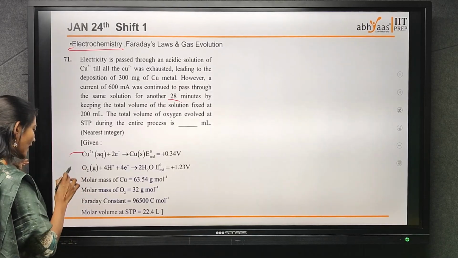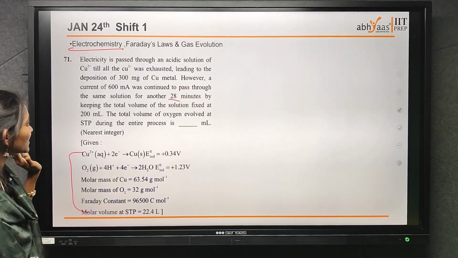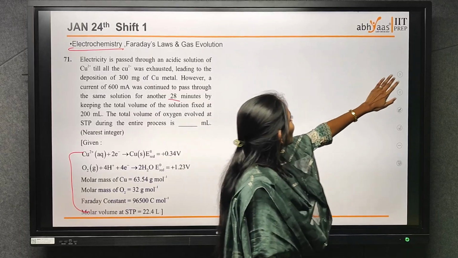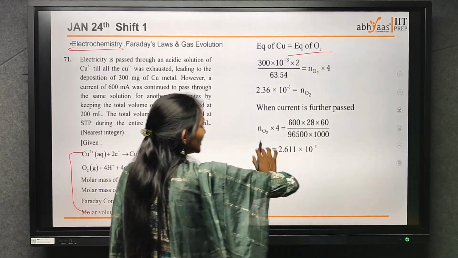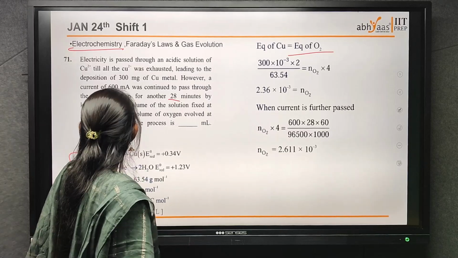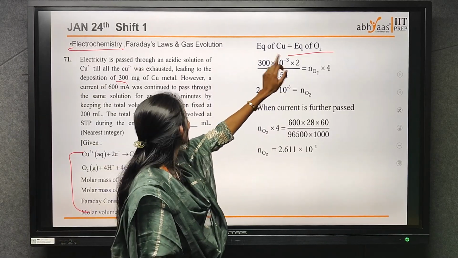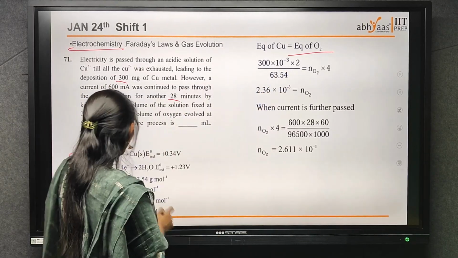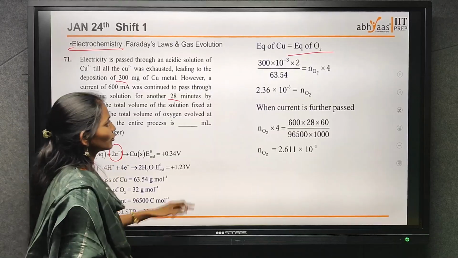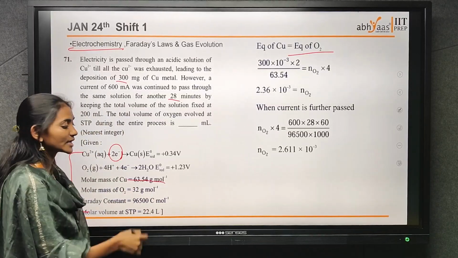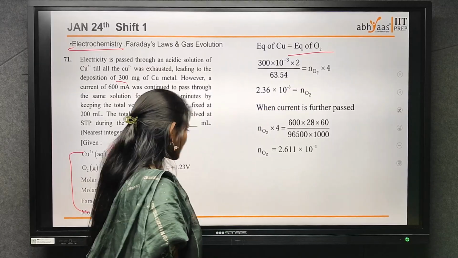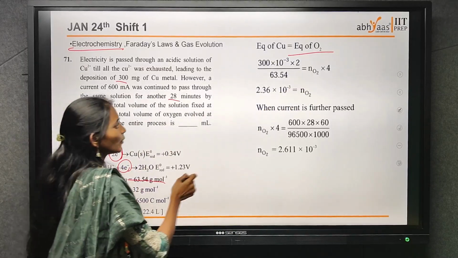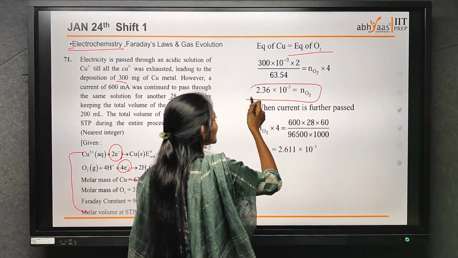Here they have given all this. We need to apply the formula. Copper equivalents equal oxygen equivalents, right? For copper they have given 300 into 10 to the power of minus 3. For copper, how many electrons are involved? 2, so 2 by molar mass 63.54. For O2 you get 4 electrons. Upon doing the calculation, you get this much.